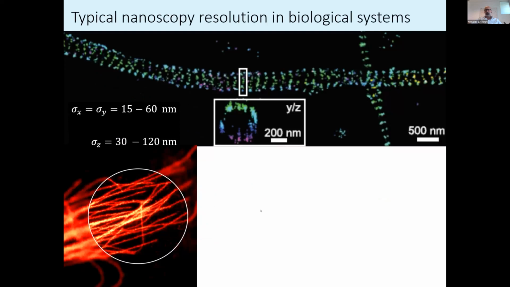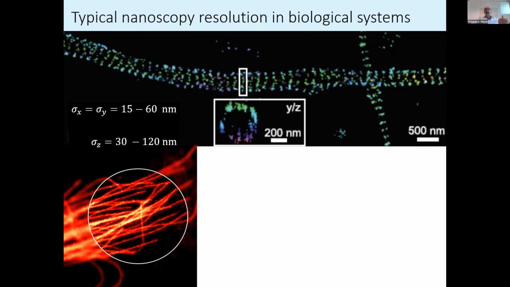Okay, so with nanoscopy, we can see more, no doubt about it. We can see supramolecular protein structures that otherwise were not very visible. But still, the resolution of this first generation of methods is limited. So it's important to understand that there is not a fundamental limit to the resolution, but there is a practical limit.